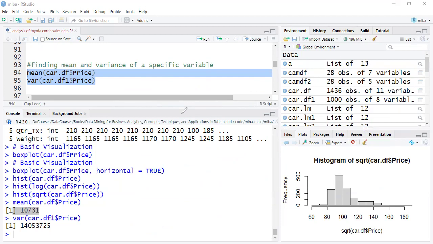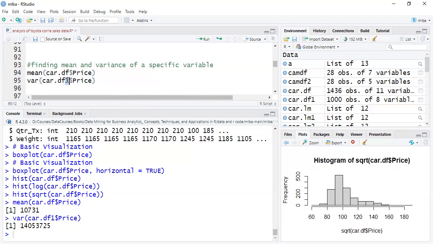I did not create the car DF1 right now. I will create car DF1 again after a few procedures. One student, Sunil Kumar, is asking why variance of car DF1 when we do not have it yet. Car DF1 will be introduced later on. There are two data frames, car DF and car DF1.